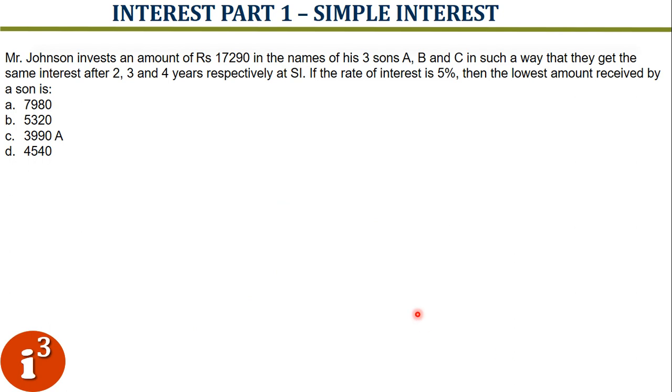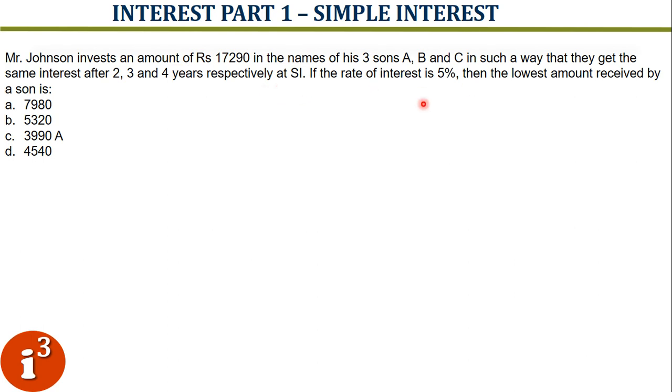Let's see the next question. Mr. Johnson invests an amount of rupees 17,290 in the names of his three sons A, B and C in such a way that they get the same interest after 2, 3 and 4 years. It means the interest that A receives after 2 years is the same as the interest which B receives after 3 years and the same as the interest which C receives in 4 years, respectively, at simple interest.